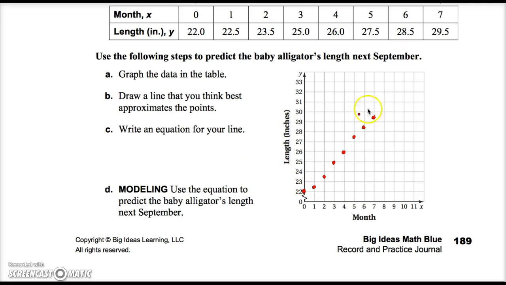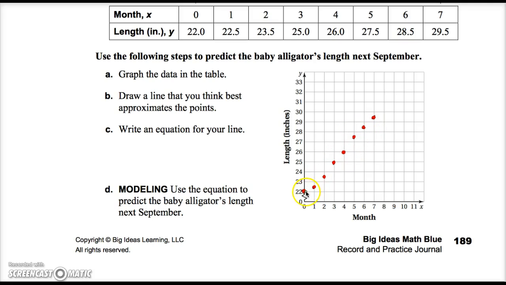Now, part B says draw a line that you think best approximates the points. You can see these points fall pretty well in a straight line, but not exactly. So we're going to draw a line that hits as many of these points as possible. You may want to use the straight edge of your binder or another piece of paper to help you make this straight line.